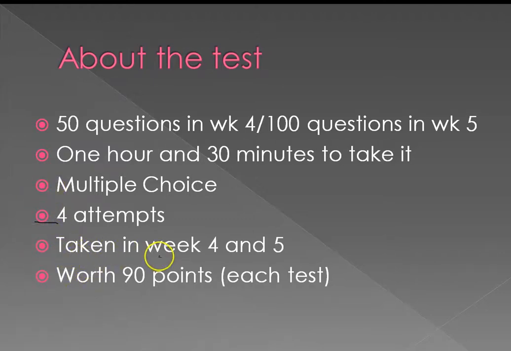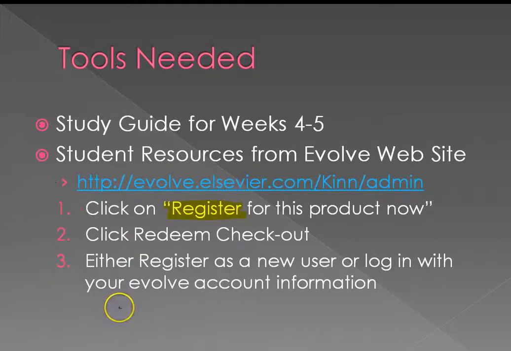And once again, you're going to take this test this week and next week. They are both worth a total of 90 points each. So that's 180 points for these certification exams, which is almost 20% of your grade for this class.